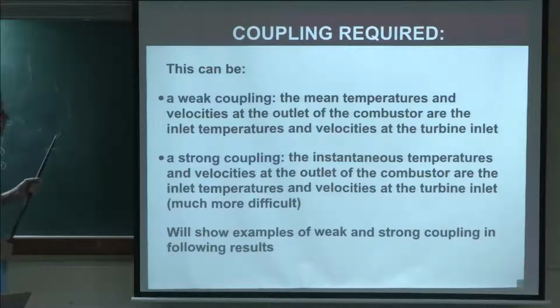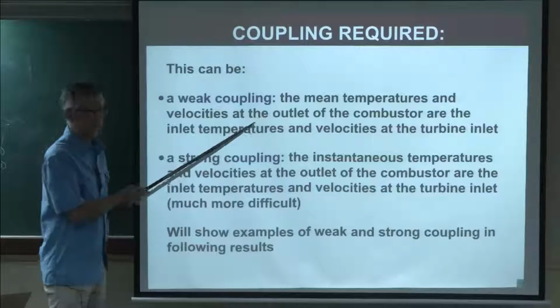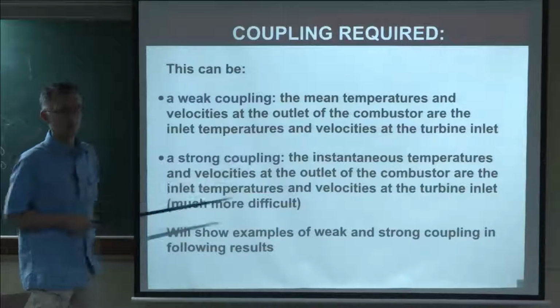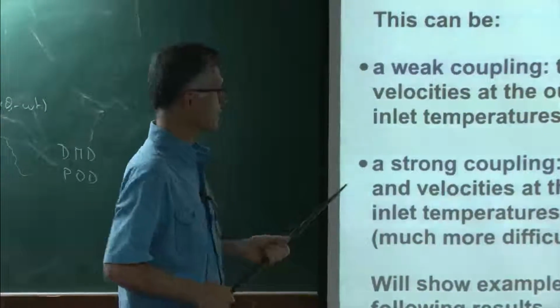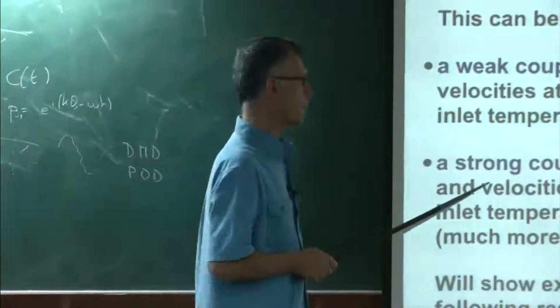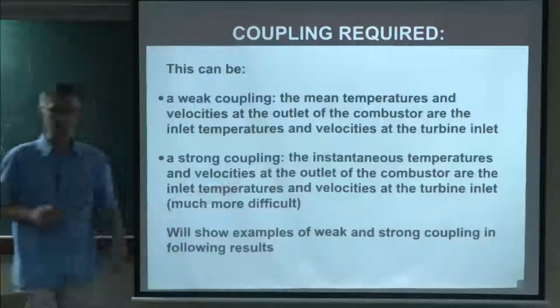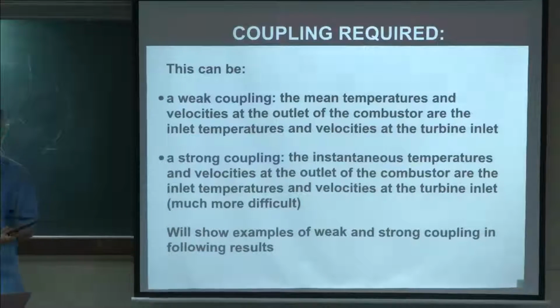Weak coupling means you only take the mean values of one code and you send them to the other code. Take the mean values from the combustion code, send them to the turbine code. The strong coupling would require doing that not only taking the mean, but taking the instantaneous values. And doing that is a much more complicated problem. I will show a few examples now.